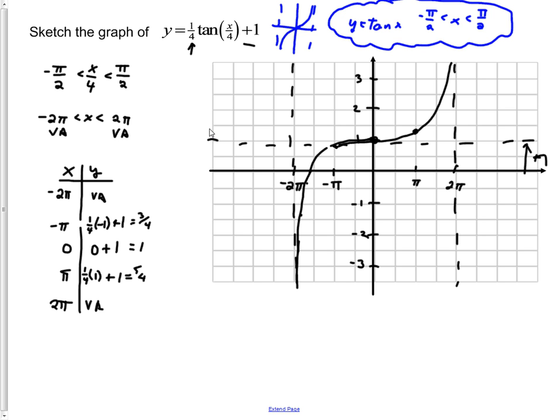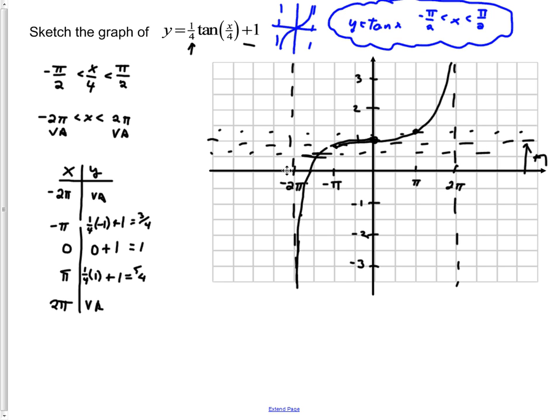If I go 1/4 above and 1/4 below along the y-axis, I'm going to see that my quarter points occur on this graph of tangent.